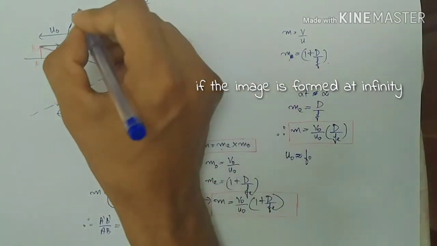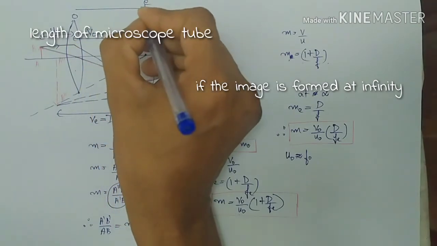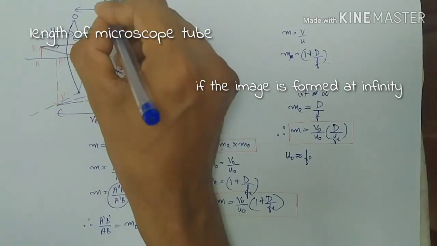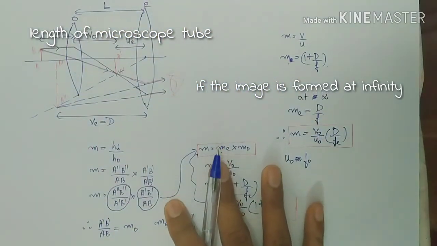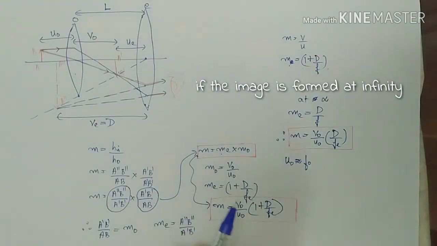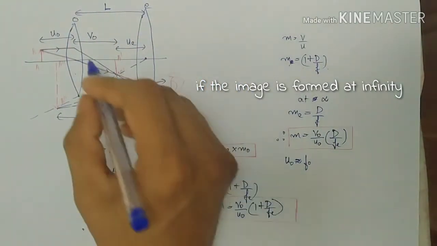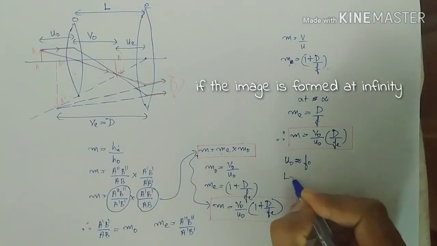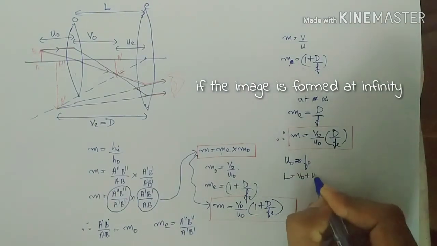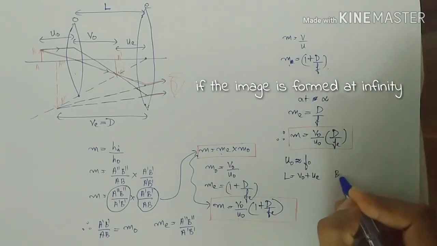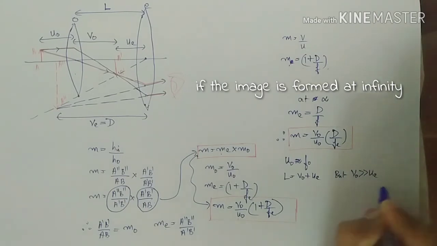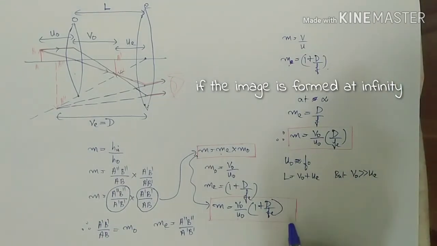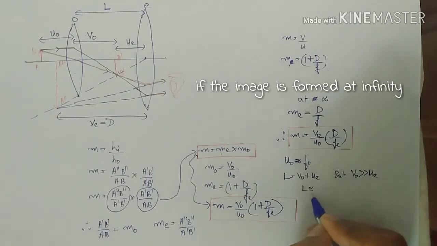And the distance between the two lens is called the length of microscope tube. What is L? L is the distance between the two lens. It is called the length of microscope tube. And actually L is VO plus UE. But VO is much greater than UE, and if VO is much greater than UE, we could write L is approximately equal to VO.